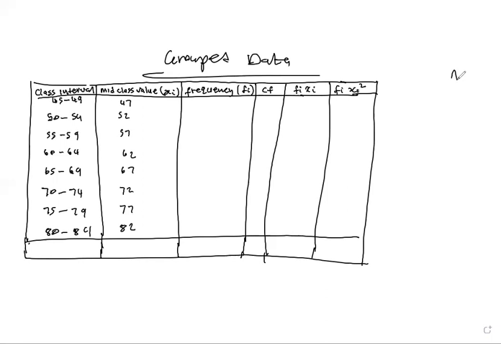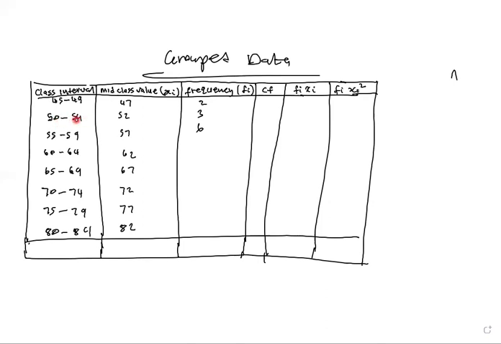Okay, so the frequencies we have. How did you find those numbers? Which number? 47, 52. We found these numbers by getting the middle number from 50 to 54, the number in between.